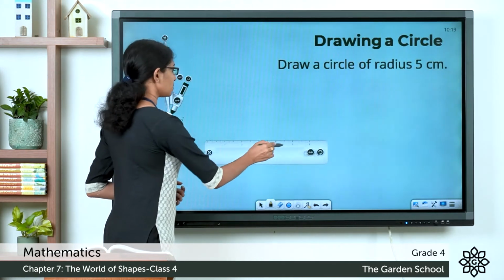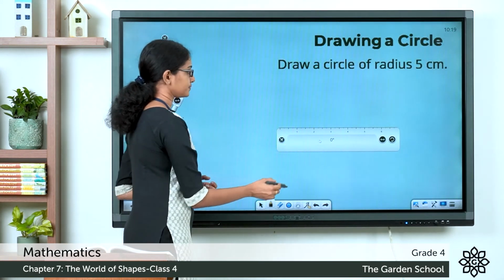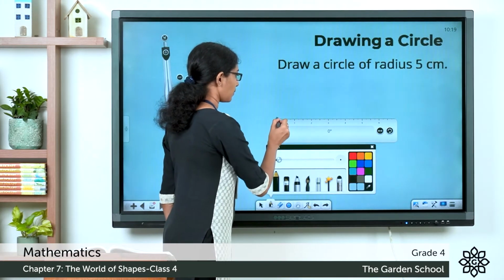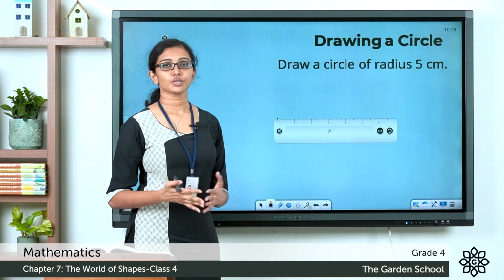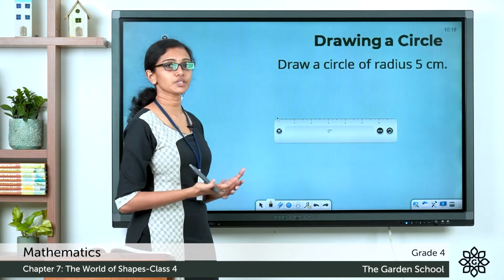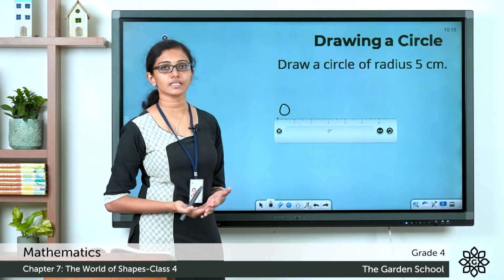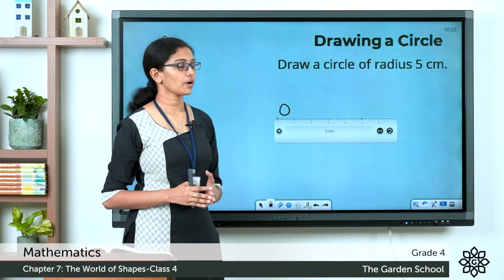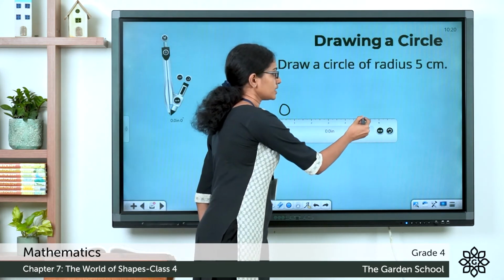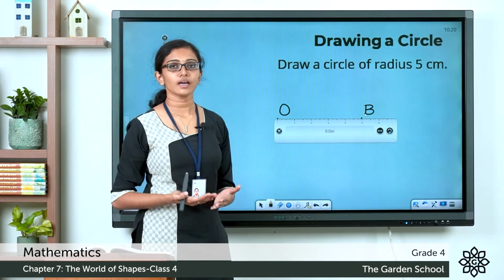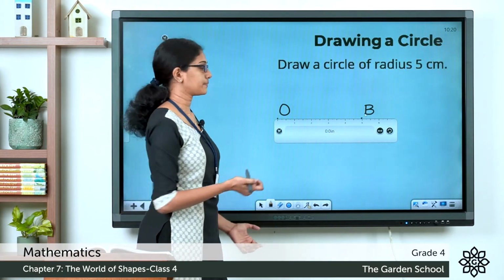So first take your ruler, then you have to mark a point corresponding to the 0 mark on the ruler and name this point, let's say O. This is going to be the center of the circle. Mark a point corresponding to 5 cm and let this be B. Now join the points O and B.